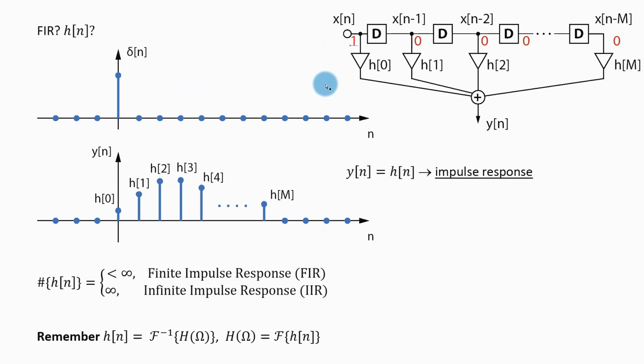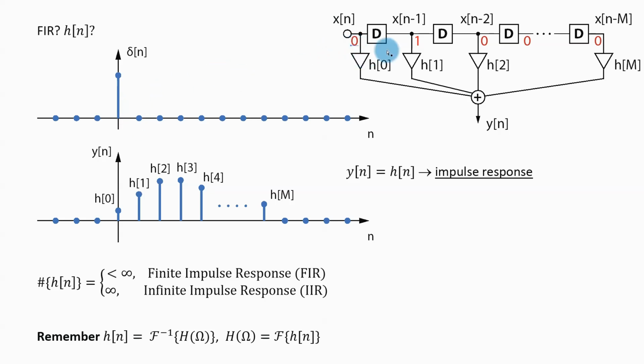Now what is the output of the filter? Here I will multiply this h of 0 by 1 and add it to all of these zeros. So what I will get at the output is just h of 0, and that is what I have here. Now for time n equal to 1, first these values will shift, and a 0 will come at the input.